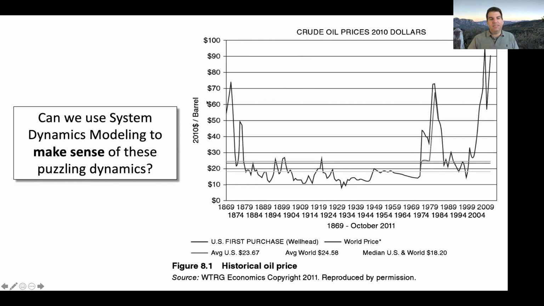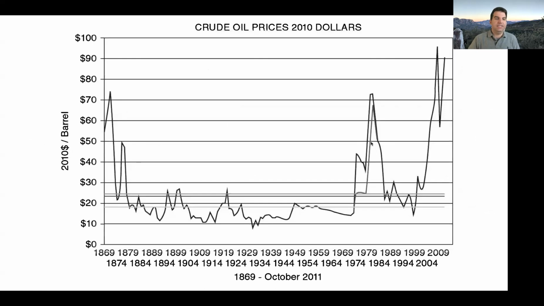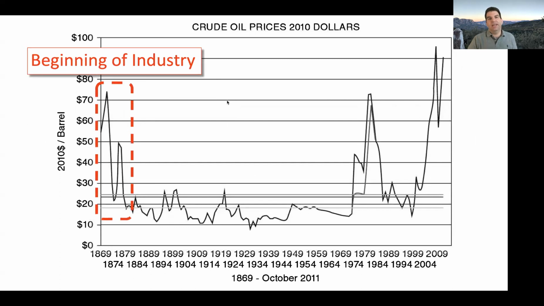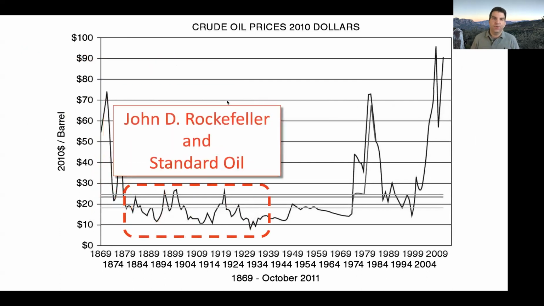But in reality, you see that there are periods that seem qualitatively similar and yet very dissimilar to other periods. So internally similar, but externally dissimilar. And so we can focus on these periods. In the beginning of the industry, there was huge volatility. Then we notice that if we look back over the historical record, John D. Rockefeller manages to get control over a huge amount of oil that is put under Standard Oil.